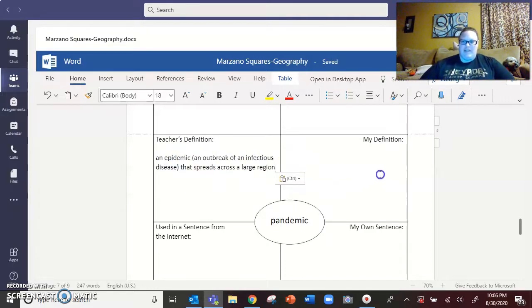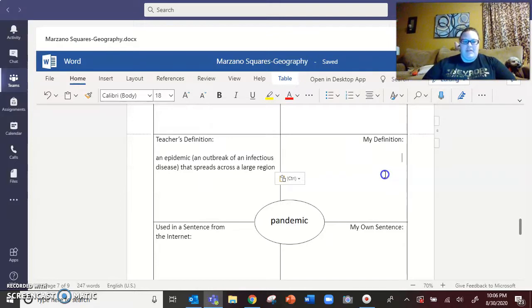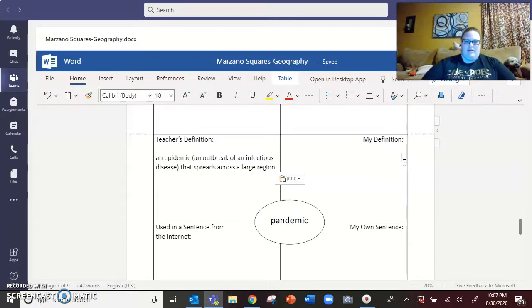And now my definition. So now I get to put this into my own words. So, a pandemic is, oh my gosh, I can't even remember what the actual definition is. Let's read it one more time. An epidemic, meaning an outbreak of an infectious disease or virus that spreads across a large region. So my definition is a disease or virus that spreads.